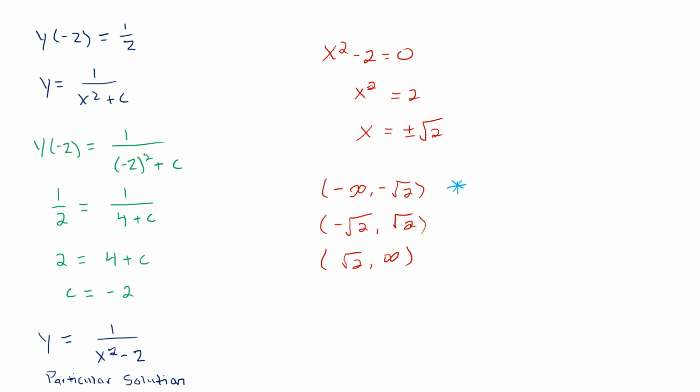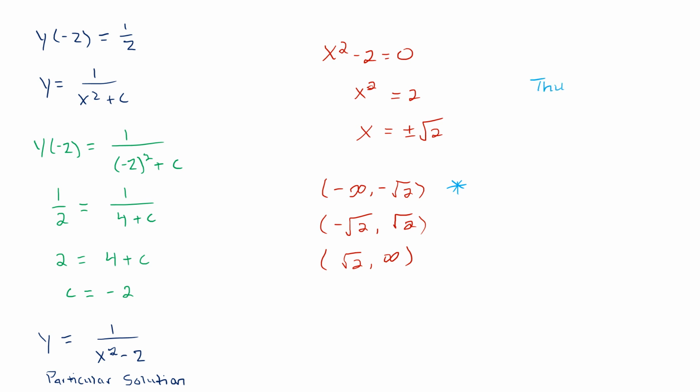All right, it contains the x value -2. So that means our particular solution to our DE that was given to us will exist on this specific interval of existence. Okay, so let's answer our question.